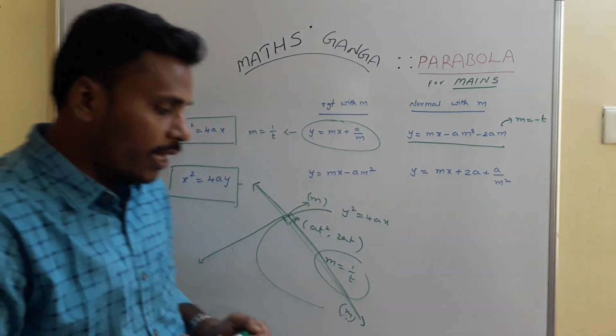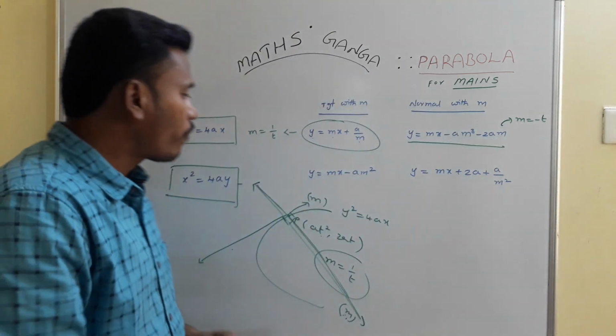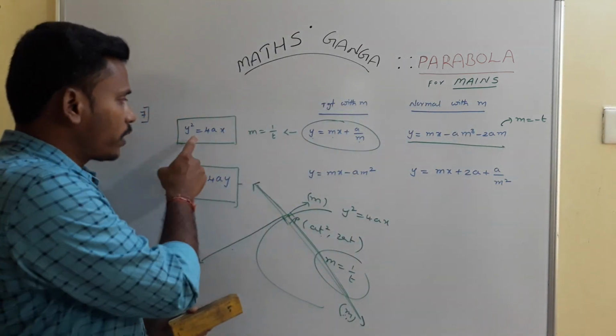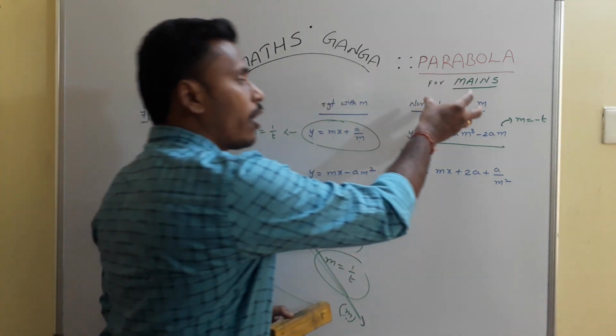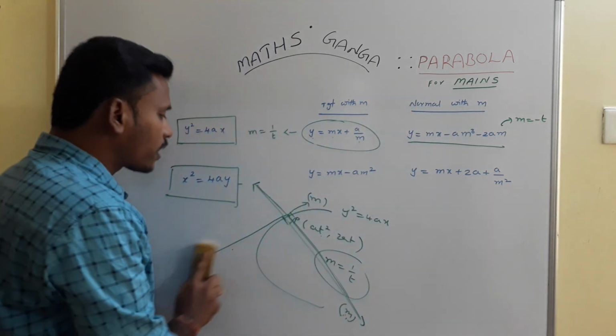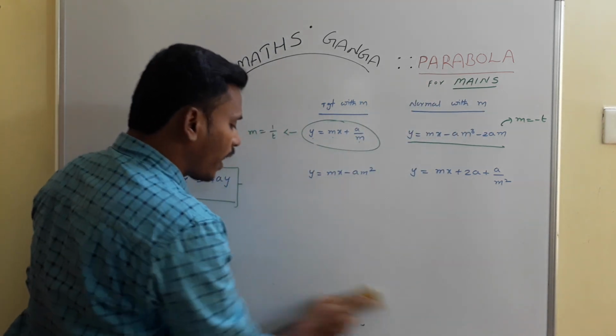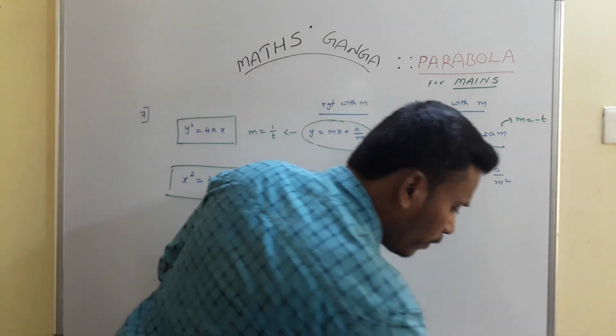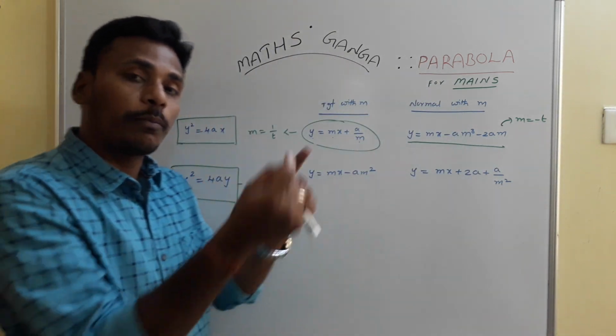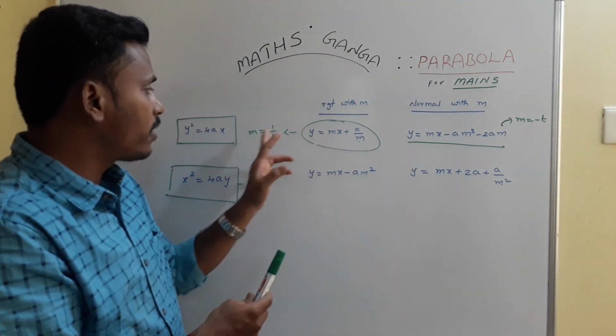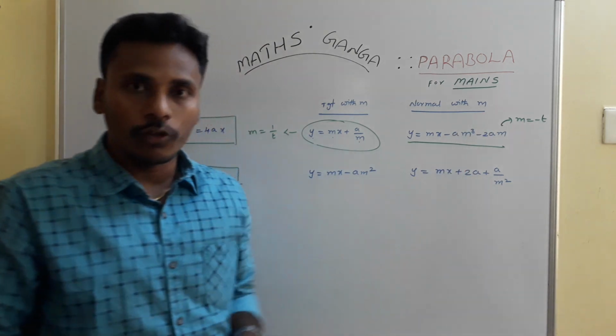So for y square is equals to 4ax, there are the equation of the tangent with slope m and the equation of the normal with slope m, and if the tangent touches the parabola at some point t, then the relation of the parameter t with the slope m is m is equals to 1 by t for the tangent, and here m is equals to minus t for the normal.